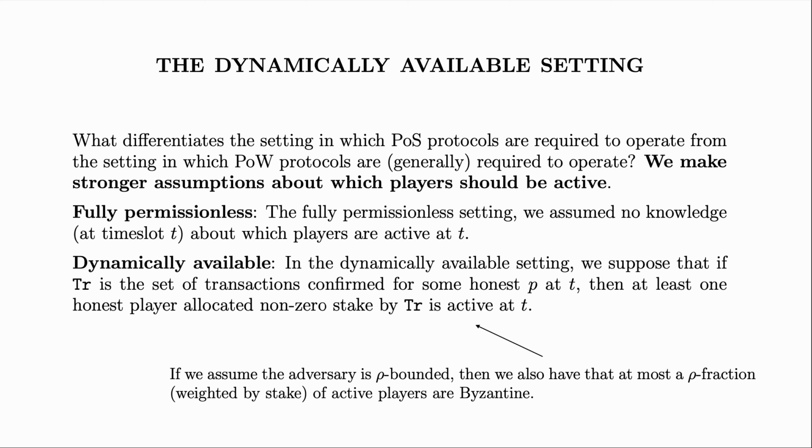So we have this sort of known set of identifiers given by the set of confirmed transactions, the people who own non-zero stake. And we're allowing ourselves to assume that at least one player from this known set is going to be active and honest. Again, if we assume that the adversary is rho-bounded, then we also have that at most a rho fraction, weighted by stake, of active players are Byzantine.